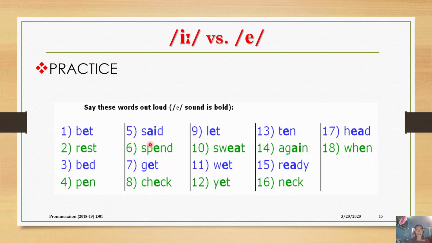Now we practice saying these short E sound words aloud. 1. Bat. 2. Rest. 3. Bed. 4. Pen. 5. Sad. 6. Spend. 7.